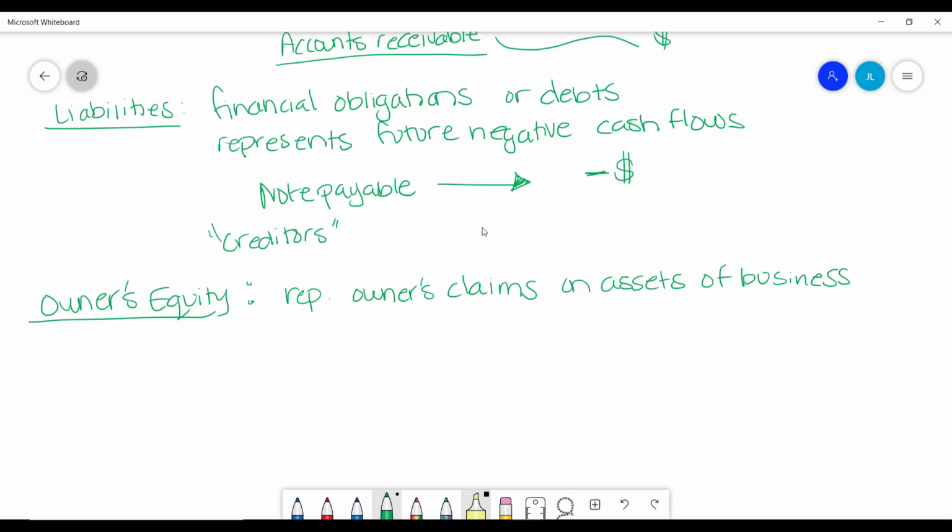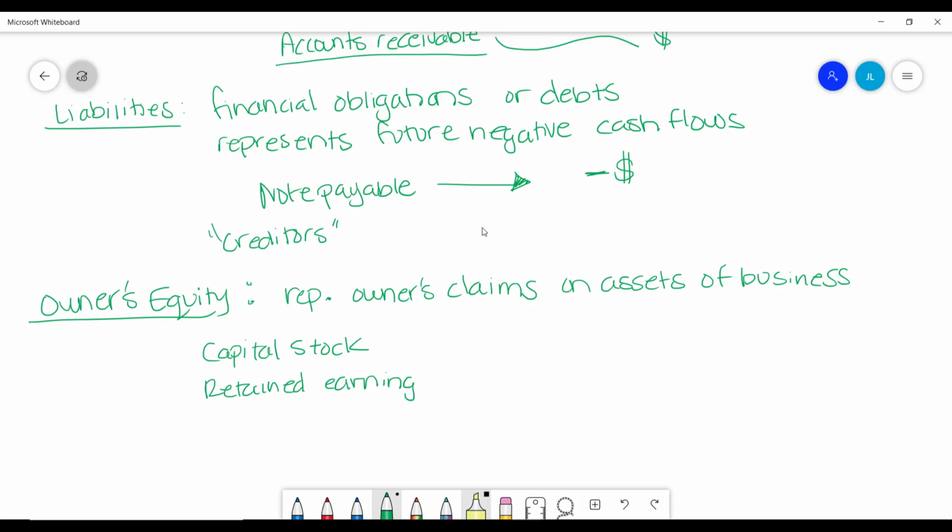Owner's equity looks a bit different depending on what kind of business you're looking at. But for our purposes, when we're looking at corporations, at the basis of it, because we'll expand on that a little bit way later on, the two accounts that owner's equity is made up of are your capital stock and your retained earnings account.